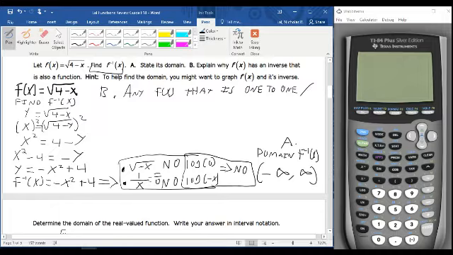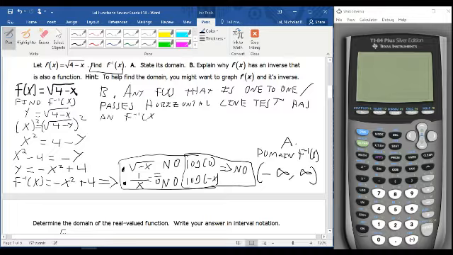Another way to check that is to pass the horizontal line test. Passes the horizontal line test, has an inverse that is a function.